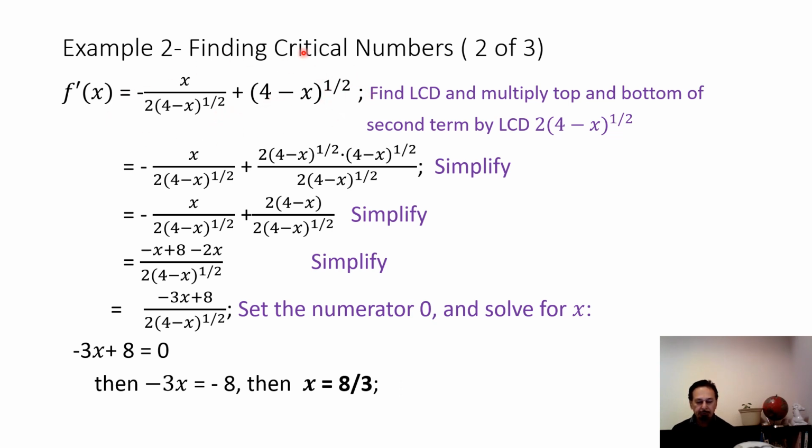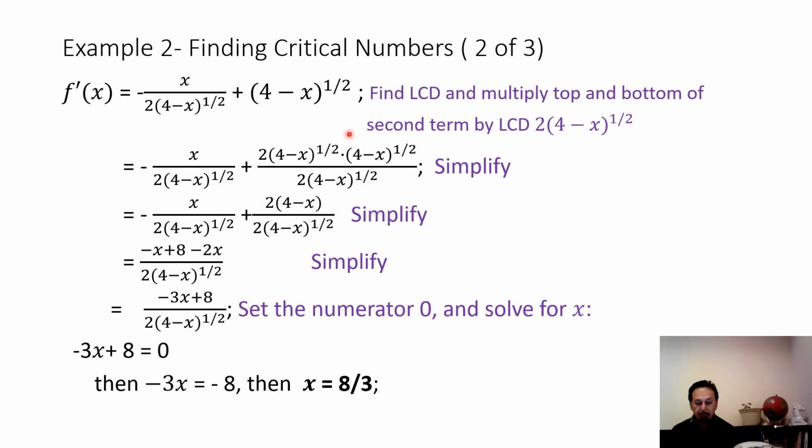Now we have to add these two. But in order to add, since this is a fraction and this is a whole number, we have to convert this into a fraction with the same denominator as this one. How will we do that? We multiply top and bottom of this one like this. So let's bring it down, negative x over 2 times (4 minus x) to the 1/2, plus.